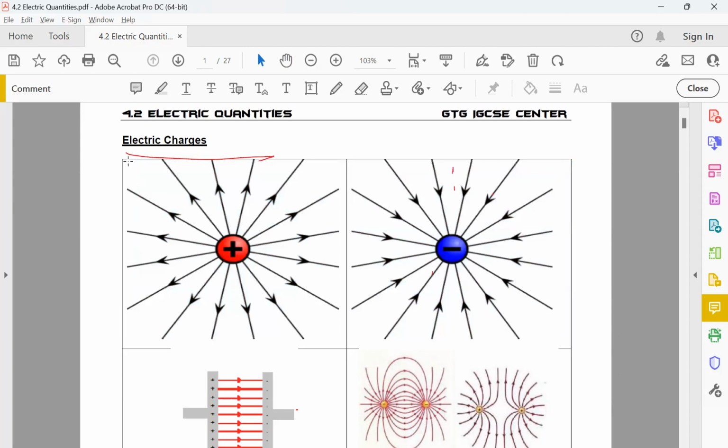One very interesting way to remember this, I remember all the way since my high school until now. My teacher once told me that in order to remember the electric field lines, which one goes out and which one goes in, you always associate the positive charge to positive places. The so-called positive places are like the school, the temple, the mosque, the church, the libraries.